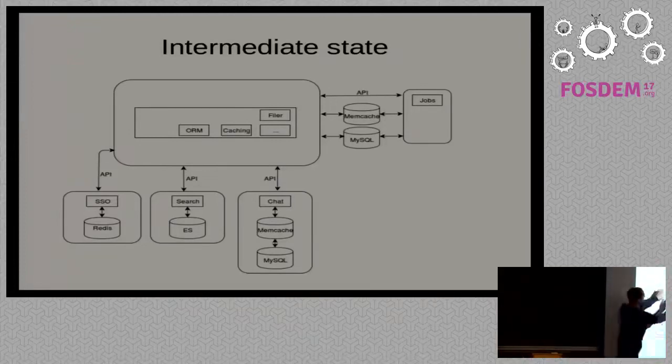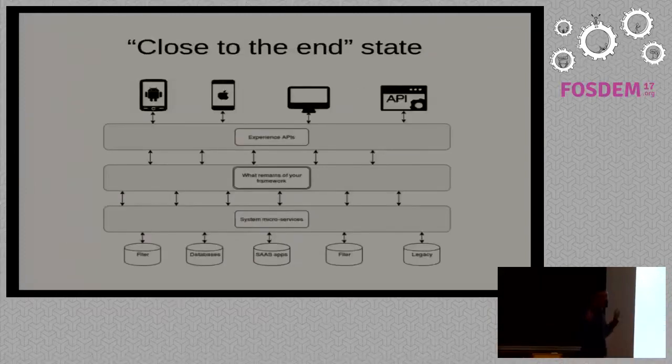And then you can just put out some parts of the code in some agnostic services with single responsibility. And maybe you will have some services, like jobs, that will have to share some storage with your main application. That's not a problem.